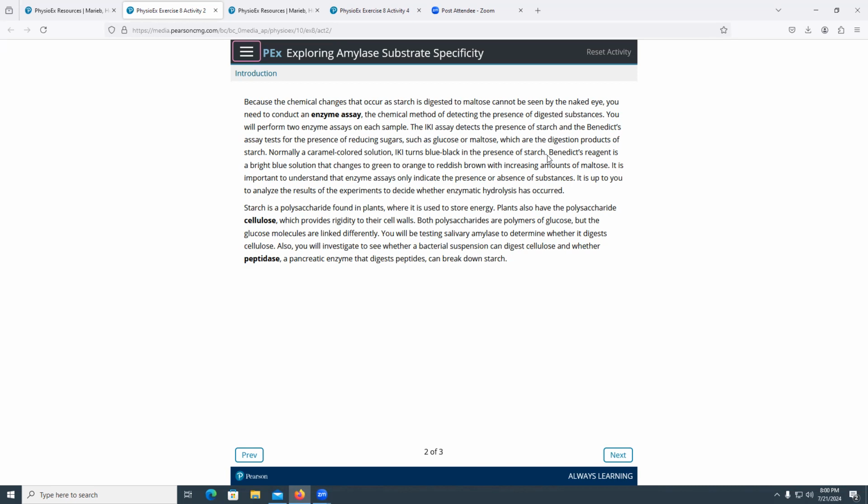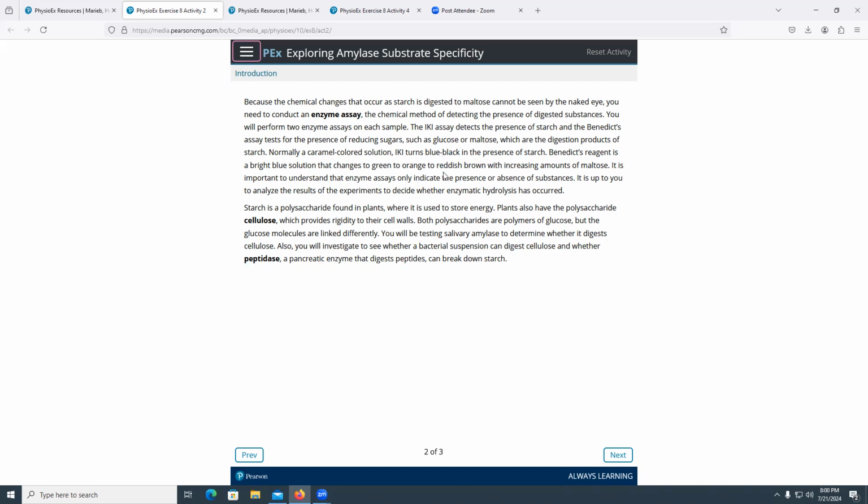So after the reaction finishes, if you have a dropper that has IKI solution in it, and you drop it into the solution, if it is caramel colored, that means there is no starch. But if there is starch lagging behind that has not been digested in the solution, it'll turn blue. If there is a lot of starch, it'll turn black.